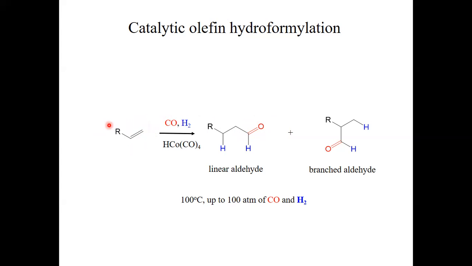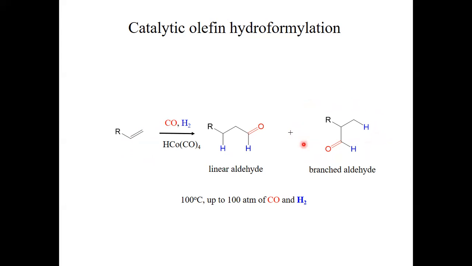And of course, there are two possibilities to do this. We can attach the carbonyl group to this terminal carbon. Then we get a linear aldehyde, but we can also attach it to the other end, to this carbon, and then we're getting a branched aldehyde.